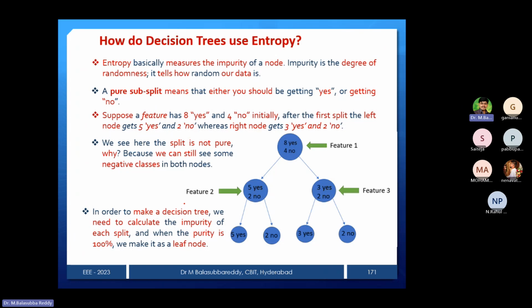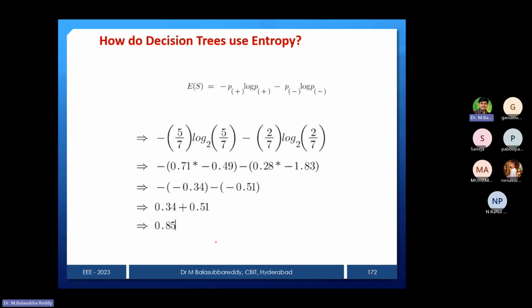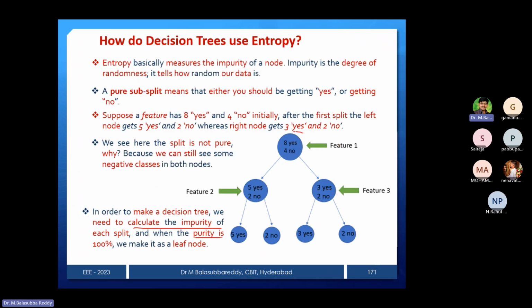In order to make a decision, we need to calculate the impurity of the split. If the purity is 100%, we make a leaf node. Now we can see the calculation as per the previous one. Here we have 8, 4, and then 5, 2, as well as 3, 2.